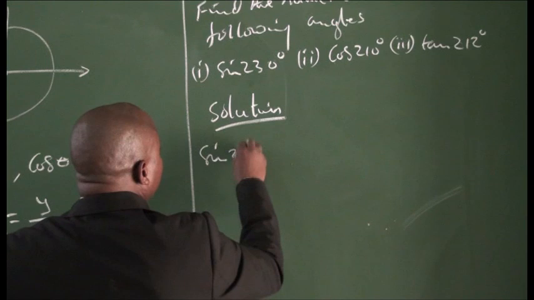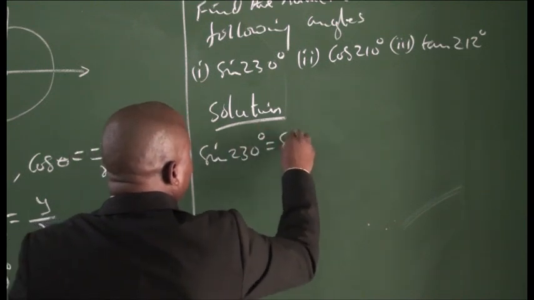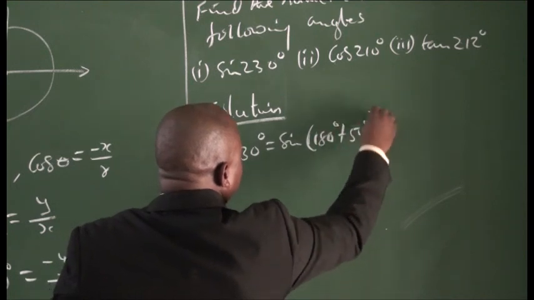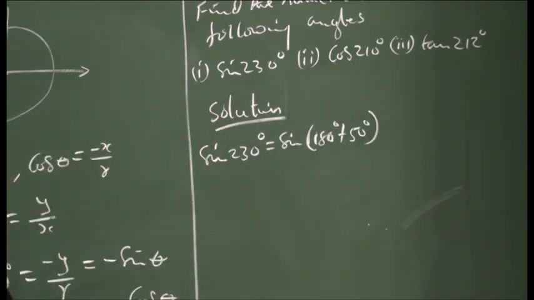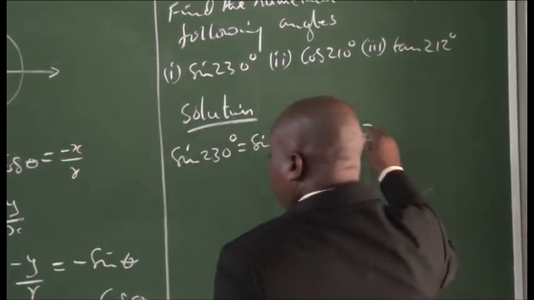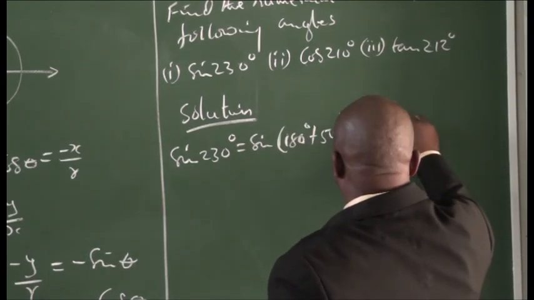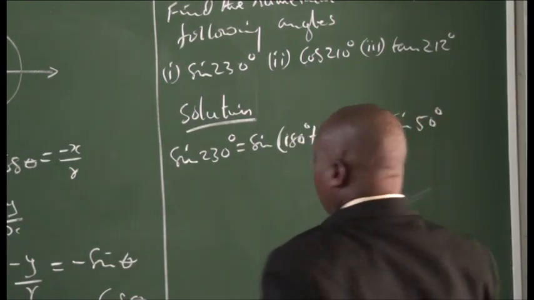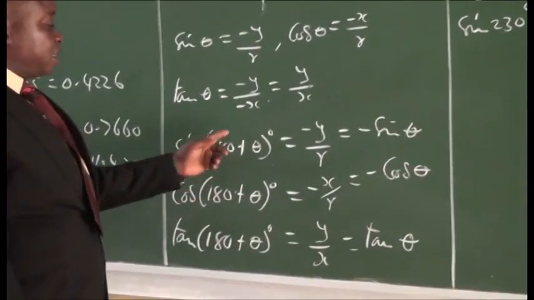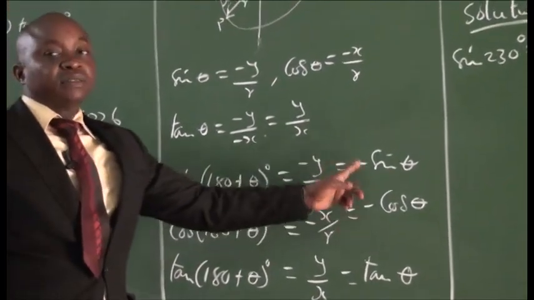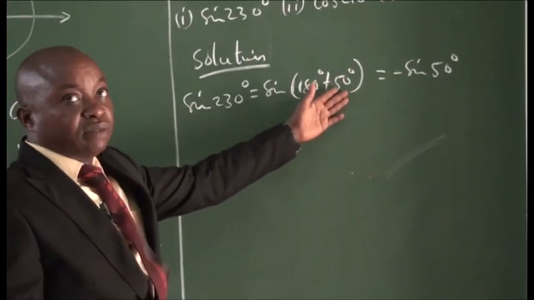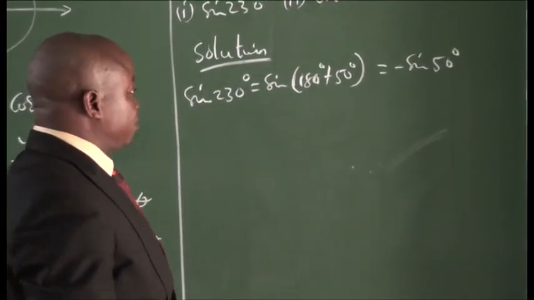We know that sine 230 degrees will be the same as sine 180 degrees plus 50 degrees, and that will give us minus sine 50 degrees. According to the definition, sine 180 plus theta will be equal to minus sine theta. So here, 180 plus 50, theta is 50. So it will be equal to minus sine 50.